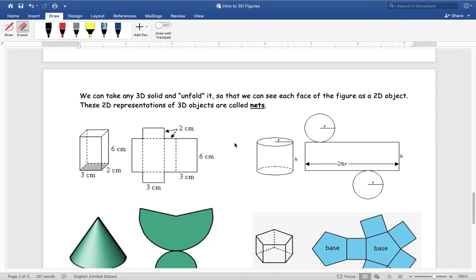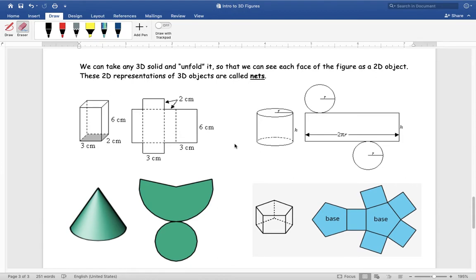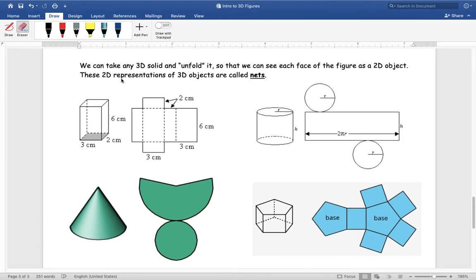So, to end, in this PDF that I've sent you guys, you'll see that I have this at the end here where it says we can take any 3D solid shape that we have and unfold it. Basically, we take our box, and imagine you've just gotten a box from Amazon, you break it down so that you can recycle it. And when you break it down, you'll see something that's like this because now it's flat. It is a 2-dimensional object.